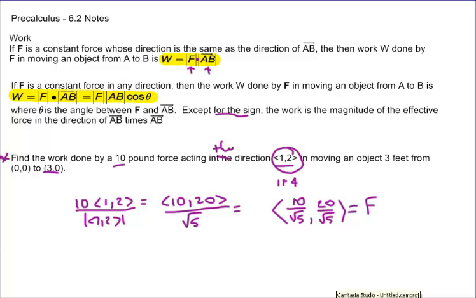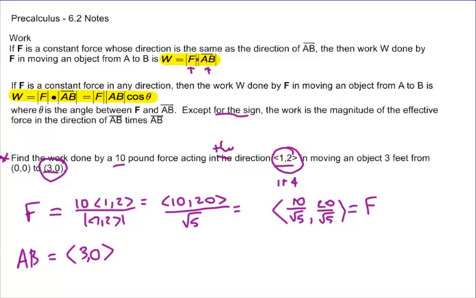Then what we want to do is put this in the direction of 3, 0. We're just going to dot this force with my other vector. Well, what's my other vector? If this is my force vector, then my direction vector, the AB one, for lack of a better term, is just this guy, 3, 0.